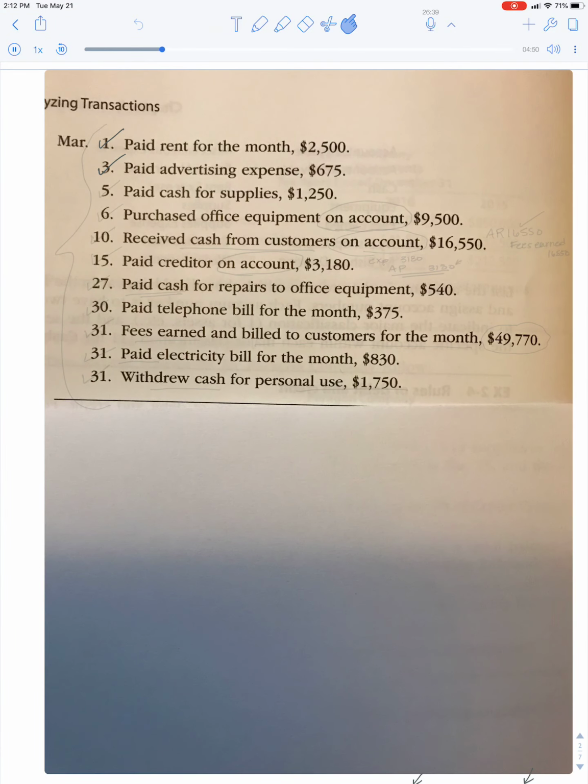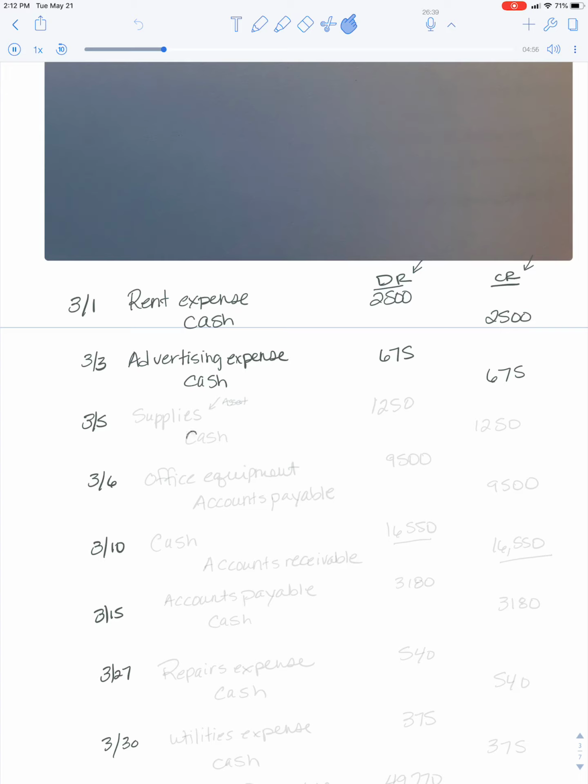Okay, March 5th, we paid, again, cash for supplies. So cash will be our credit because cash is being paid, and we're going to describe what we paid for with supplies. Now, supplies are unique. We're not going to put them in supplies expense because supplies is almost like buying a bunch of inventory and putting it on a shelf, and we don't get to expense it until we use it.